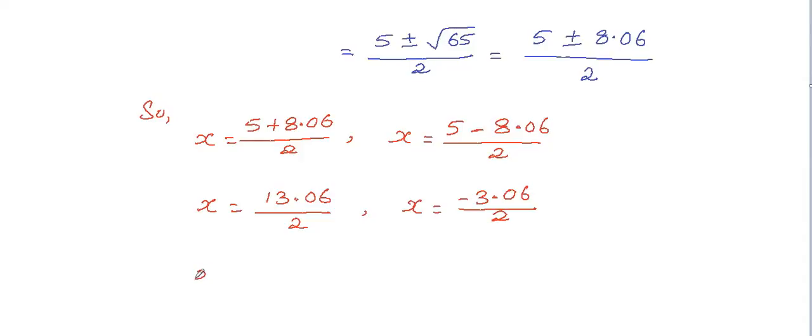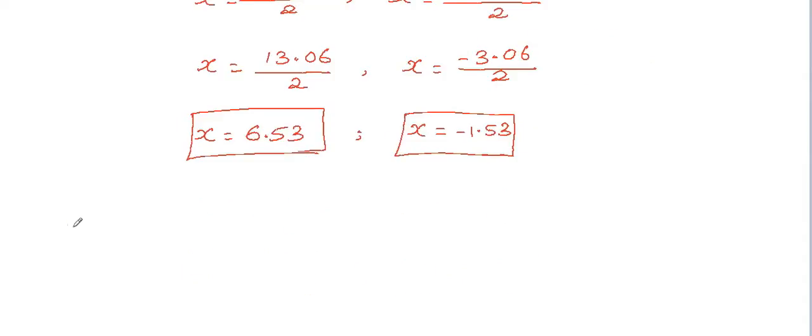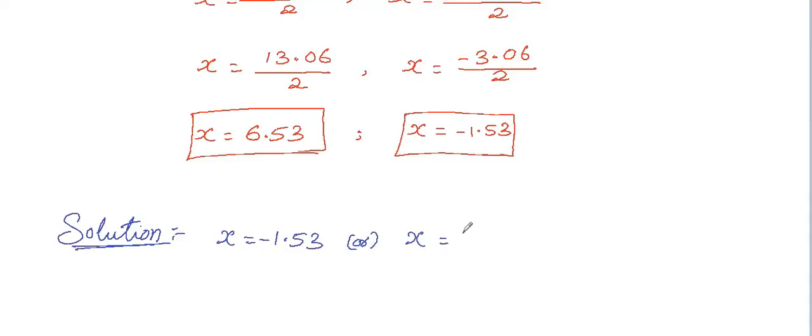So if we divide by 2, we'll get 6.53, or x equals minus 1.53. So the values of x with 2 decimal points are x equals 6.53 or x equals minus 1.53.